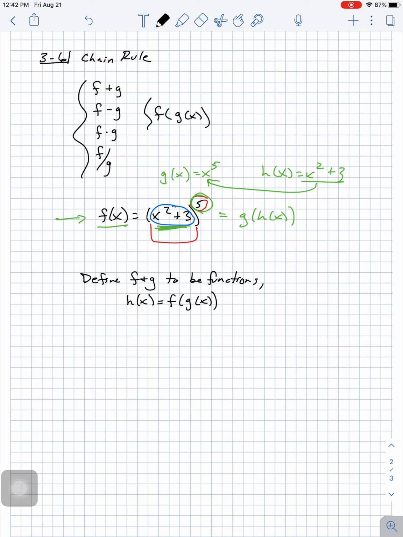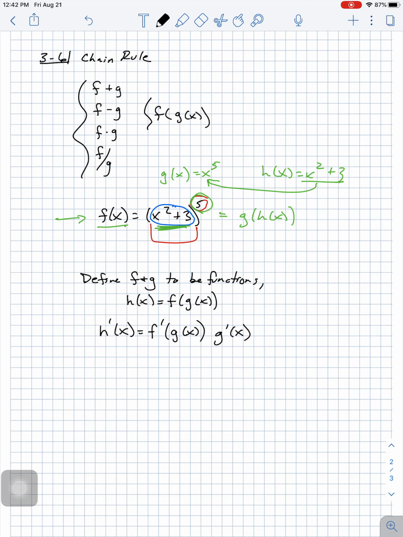Then the way we take the derivative of h of x when we have a composition is we take the derivative of the outside function, we evaluate it at the inside function, and then we multiply it by the derivative of the inside function.